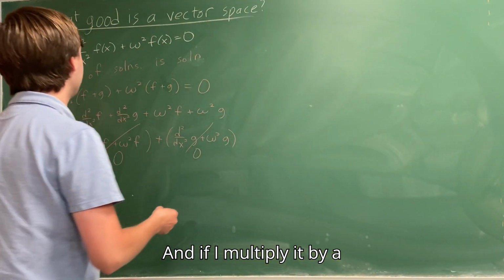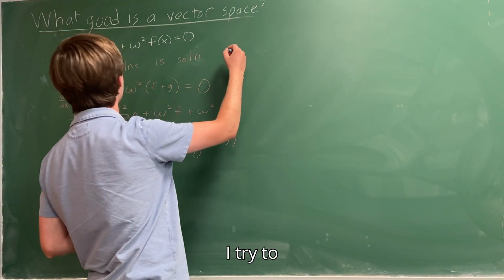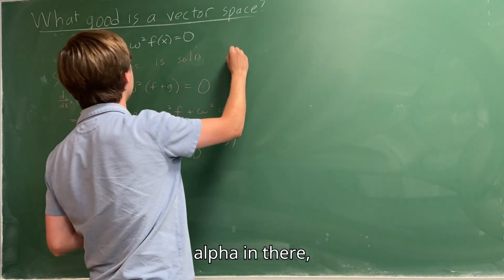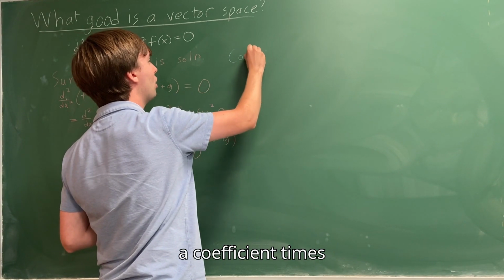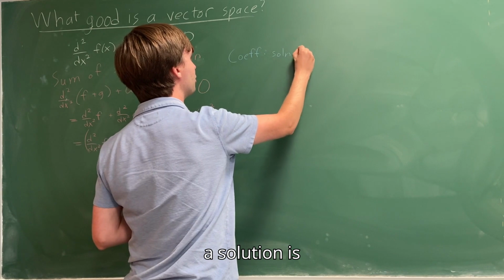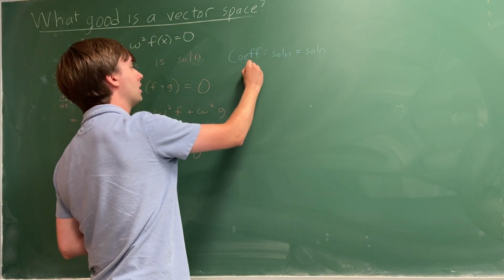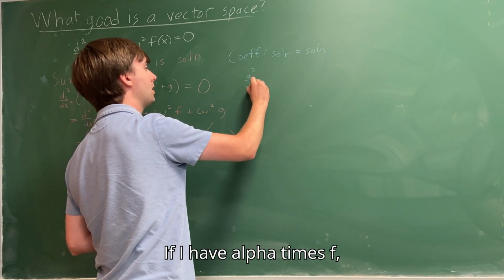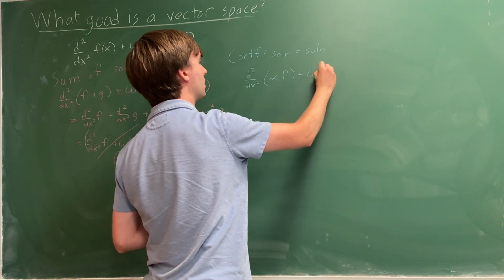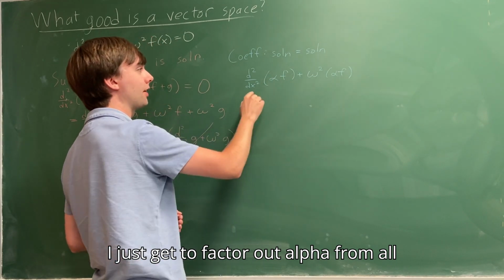And if I multiply by a coefficient, if I try to put an extra factor of, let's call it alpha in there, a coefficient times a solution is still a solution. If I have alpha times f, I just get to factor out alpha from all of this.